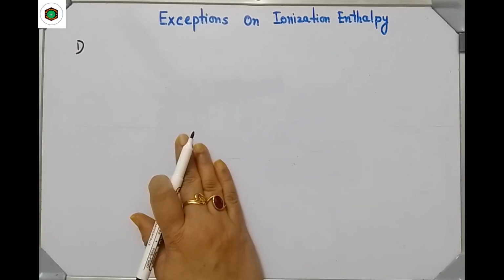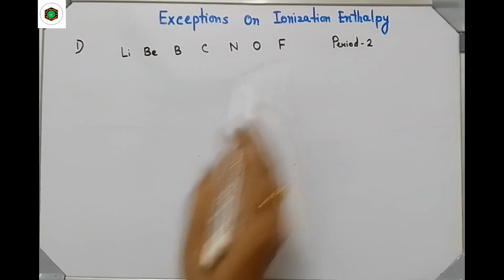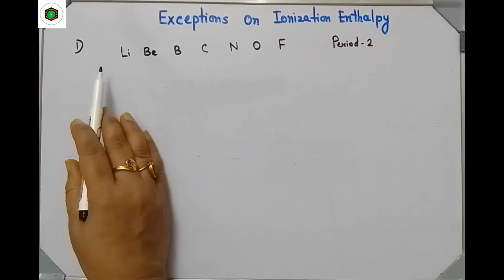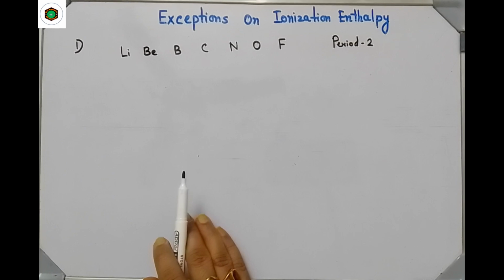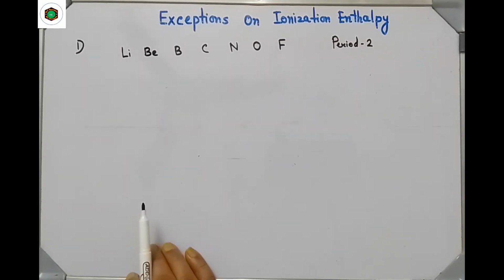In this lecture, I will explain some exceptions on ionization enthalpy. Now see, these are elements of period 2: lithium, beryllium, boron, carbon, nitrogen, oxygen, fluorine. We know from left to right in the periodic table, with increasing atomic number, atomic size decreases.